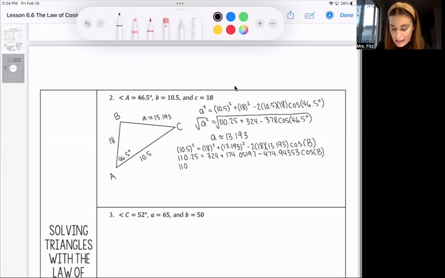All right, now we have to clean that up. We have 110.25 equals 324 plus 174.05197. So I'm going to add those up.